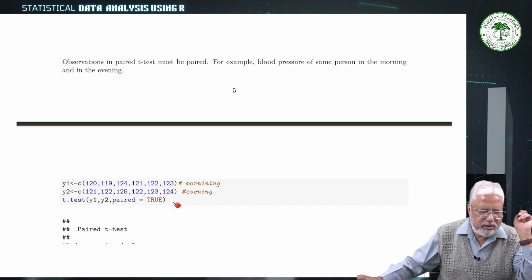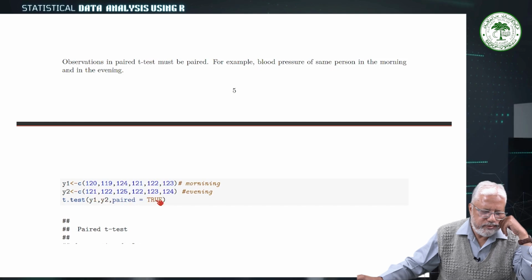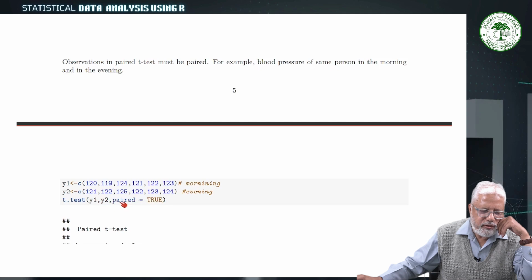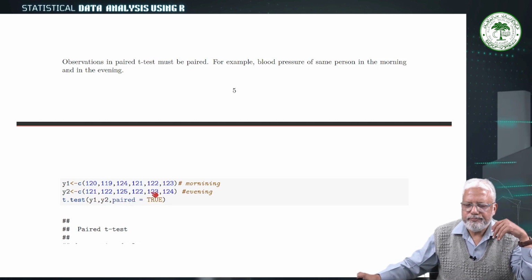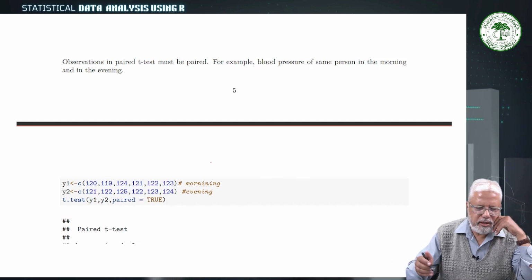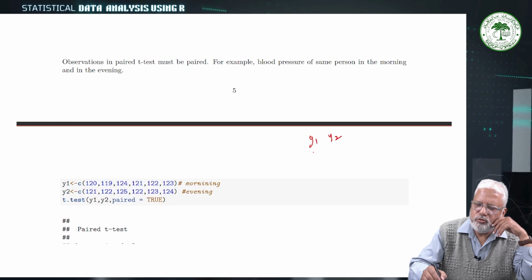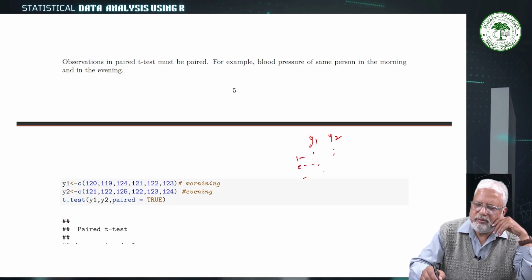So in that situation, although we will have two samples, they will be paired, and we have to make use of paired is equal to true. Otherwise, if we do not give this additional argument, see what we do in practice. Say y1 and y2 are the two paired observations from the first animal, second animal, third animal, like this.